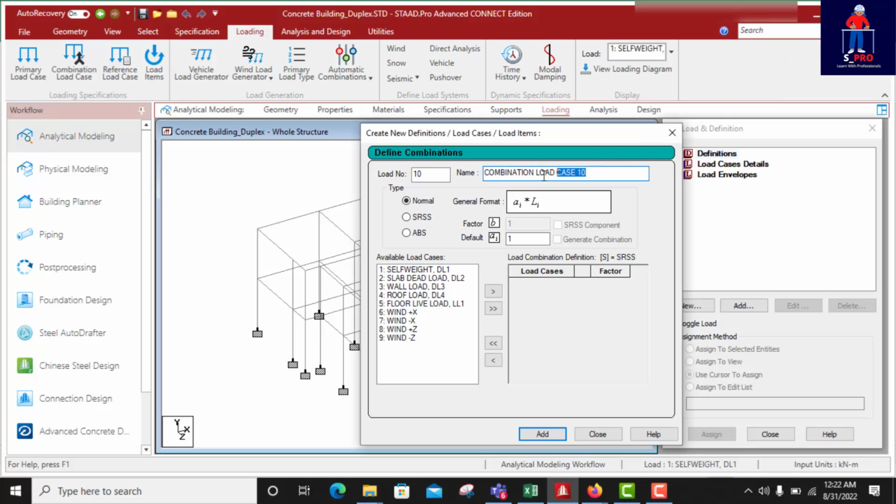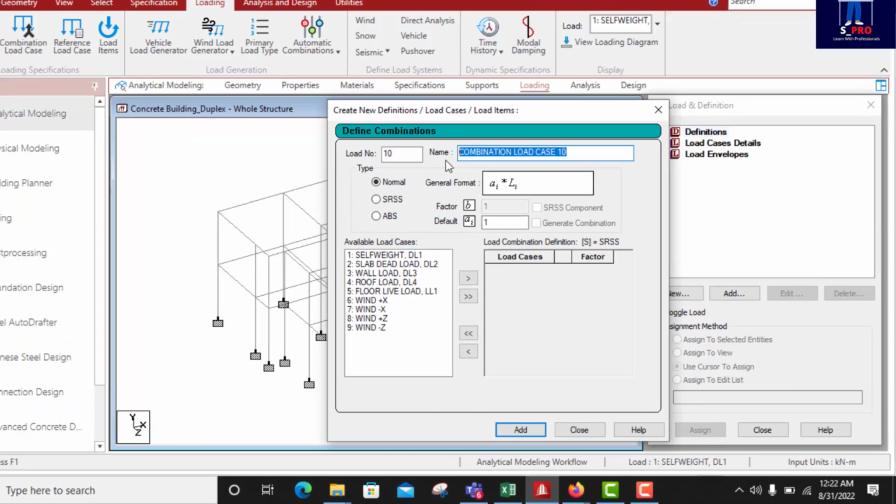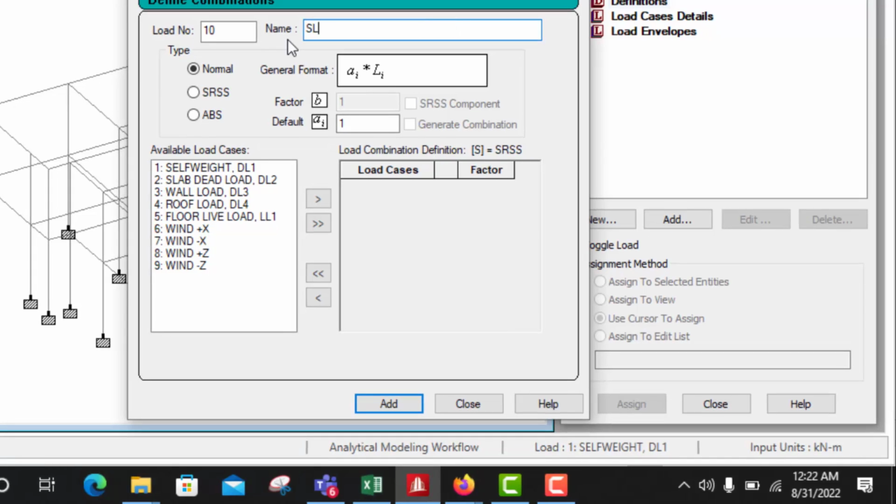And here we give our combination name. So I used to name mine like this, SLS combination. 101 is the pattern I normally use.